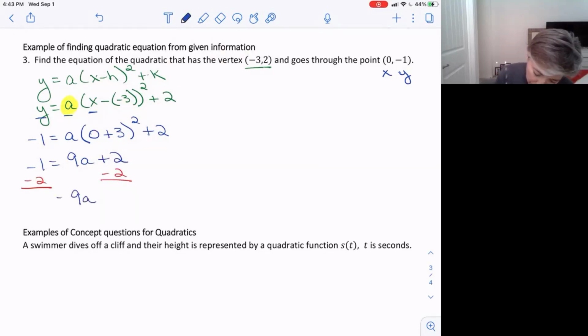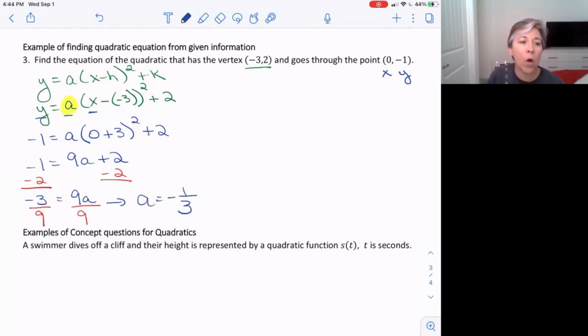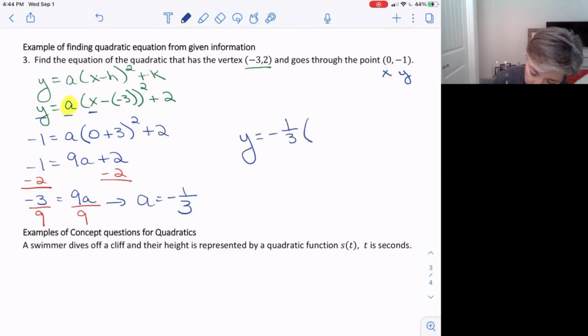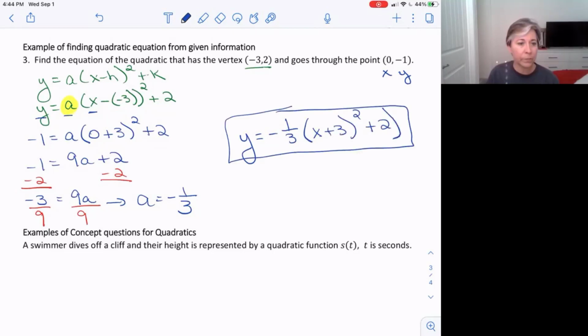We get 9a equals -3, and we get a equals -1/3. Now we have all the pieces of information we need to write our quadratic equation. y equals -1/3 (x plus 3) quantity squared plus 2.